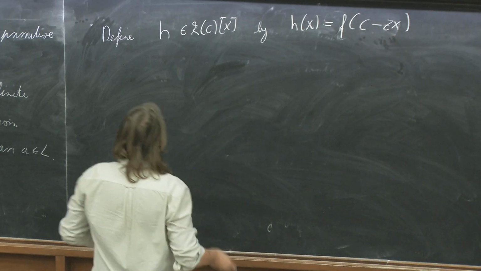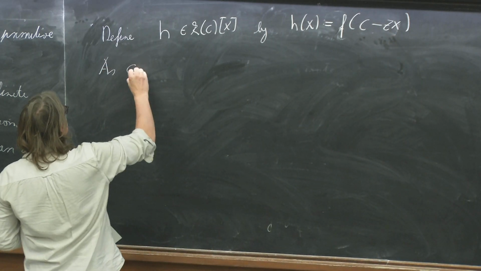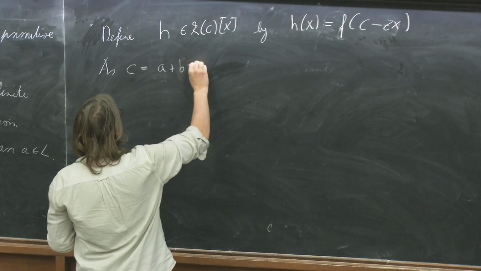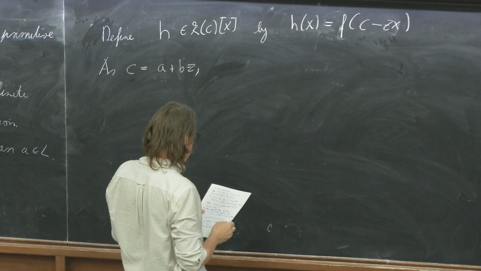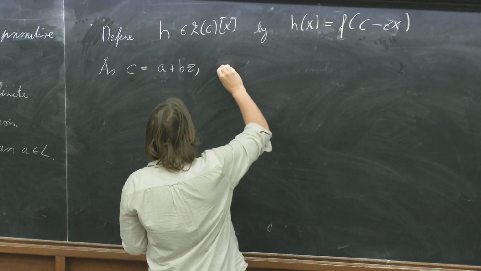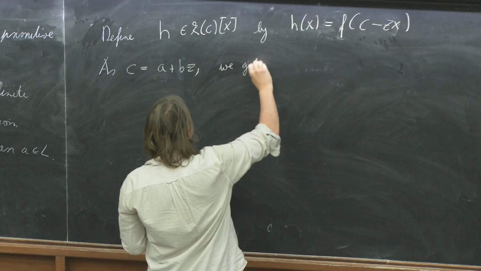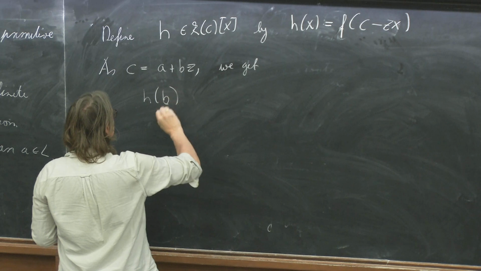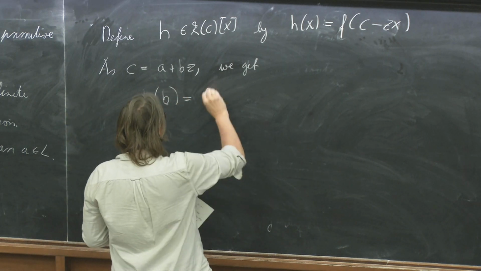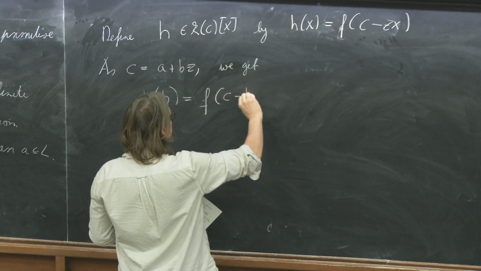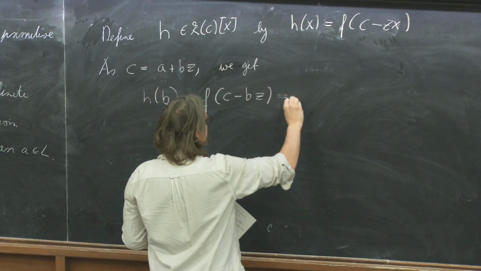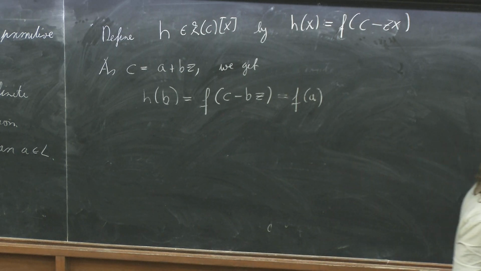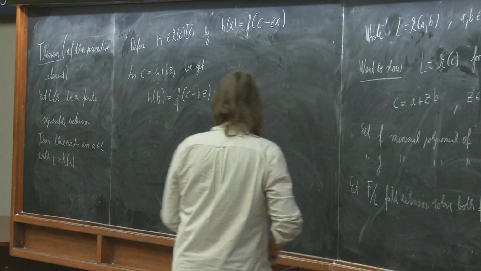and as c is equal to a plus bz, we have that H of b equals f of (c minus bz), which is f of a. And f was the minimum polynomial of a over K, so a is the zero of it.